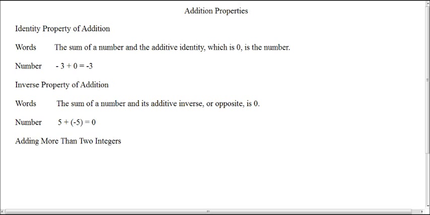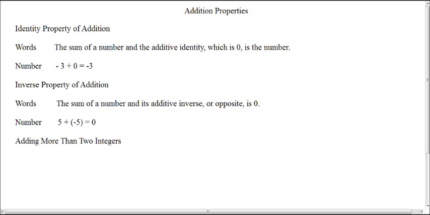Another property we want to look at is the inverse property of addition. The sum of a number and its additive inverse, or opposite, another word for opposite is the additive inverse, is always 0. Example, 5 plus a negative 5 is 0. 7 plus a negative 7 is 0. 3 plus a negative 3 is 0.